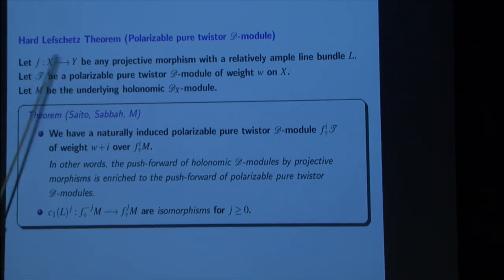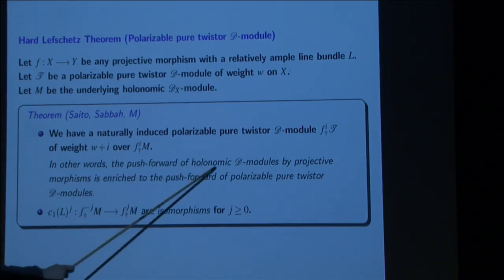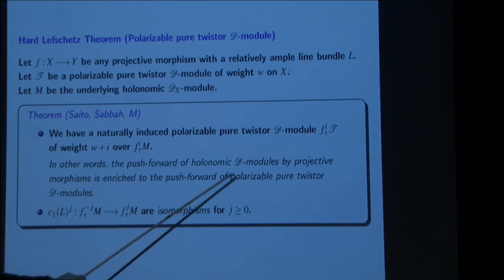Then, as in the case of harmonic bundles for smooth projective morphisms, we have a naturally induced polarizable pure twistor D module whose weight is shifted by i, and whose underlying holonomic D module is naturally isomorphic to the push forward of M. So the push forward of holonomic D modules by a projective morphism is enhanced to the push forward of polarizable pure twistor D modules.